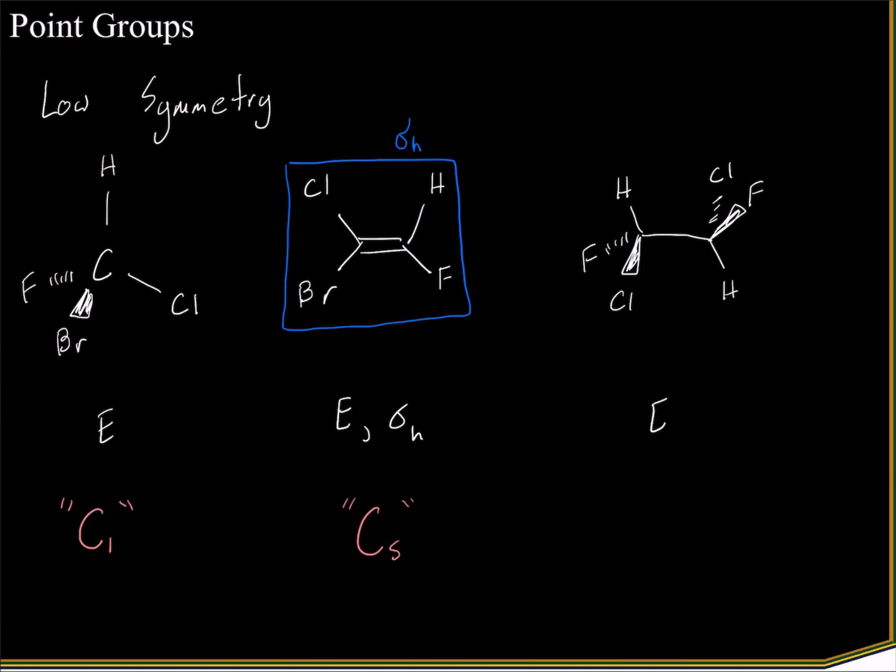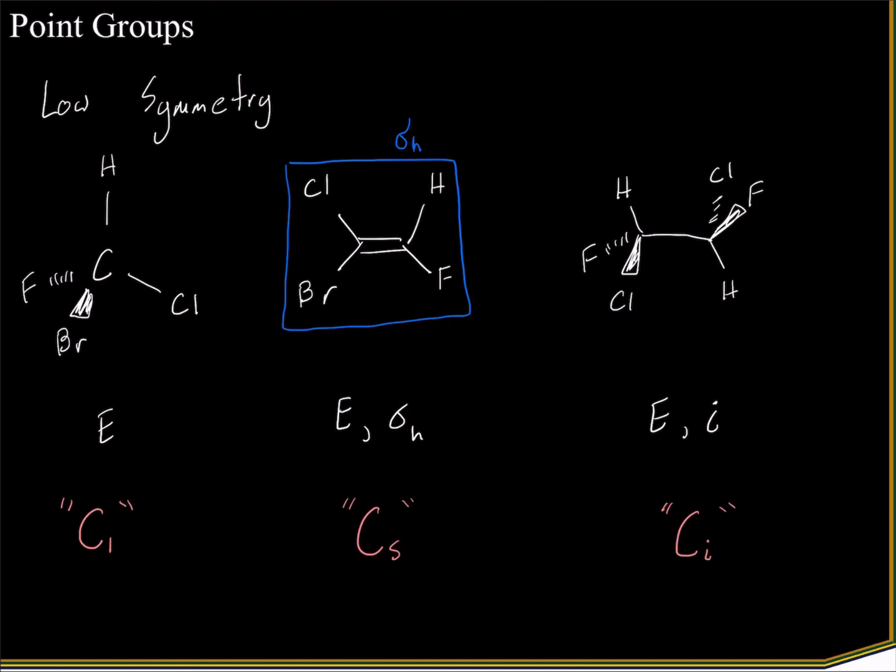It contains the identity, and in this case, it also has an inversion. These are the only operations that are present in this structure. The inversion, again, might be harder to see. If you need to practice, take some time and see if you can practice identifying this inversion here. This is in the point group Ci, again, i for inversion. And these are the only three low symmetry point groups. These are special cases with very, very few symmetry operations available to them.